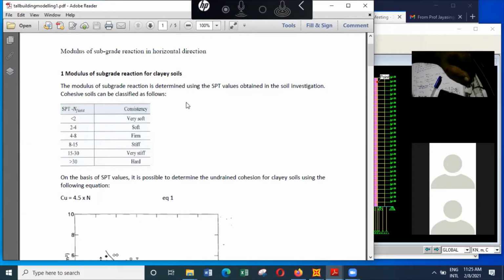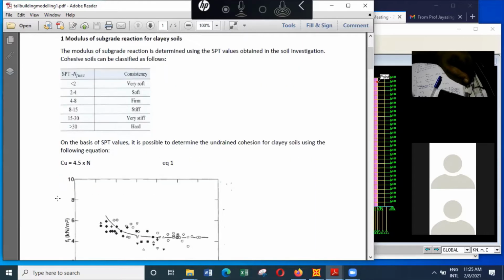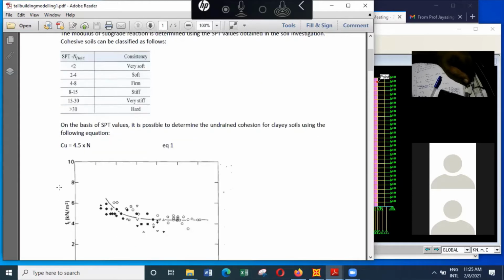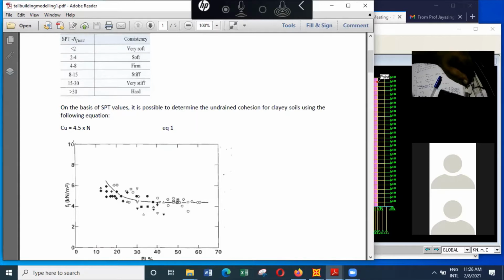So we are trying to see what is the horizontal subgrade reaction. And when you know the value of SPT, you can actually find the undrained cohesion. And undrained cohesion is given by a chart like this. And you can see it's reasonable to say the undrained cohesion is about 4.5 times N or 5 times N.